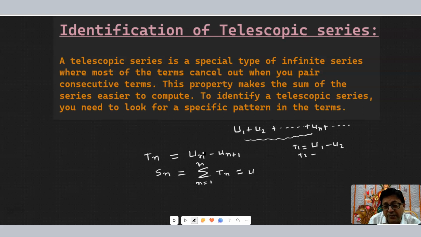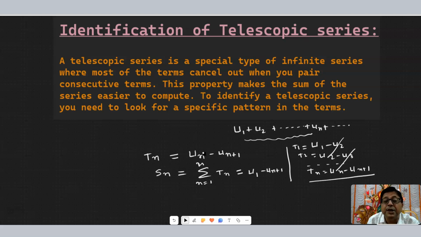I just remind you what we did in the last class. u2 minus u3. Remember it? Then Tn is what? un minus un plus 1. So these terms get cancelled. What is remaining over there? That is u1 minus un plus 1. Isn't it? So if it is a telescoping series and you have expressed it in this manner, the sum up to the nth term is u1 minus un plus 1.